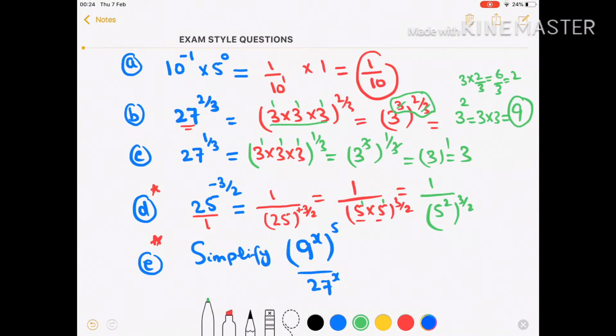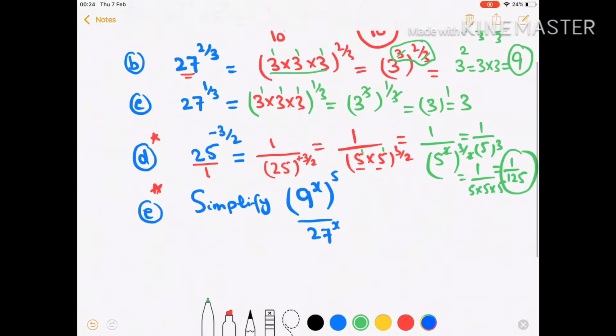Then apply rule number 3: when raising one power to another, you have to multiply them. When you multiply, 2 will cancel with 2 and the answer will be 1 divided by 5 to the power 3. You can simplify more: 5 times 5 times 5, so the answer will be 1 over 125.